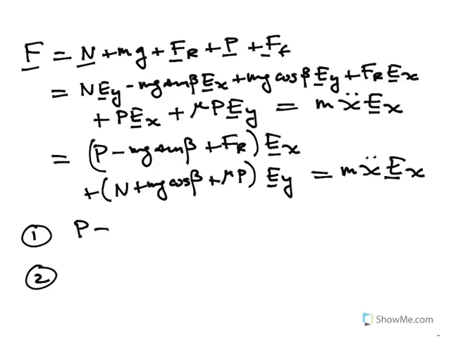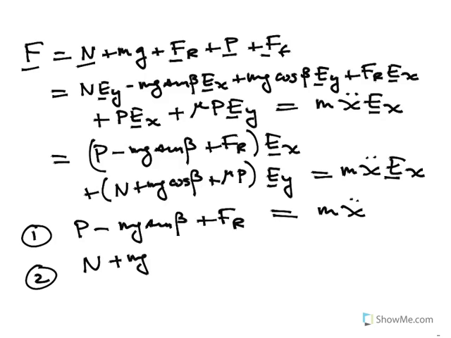I get P minus mg times the sine of beta plus F sub r has to equal mx double dot, and I get N plus mg cosine of beta plus mu times P has to equal 0. So that's what comes out of Euler's first law.